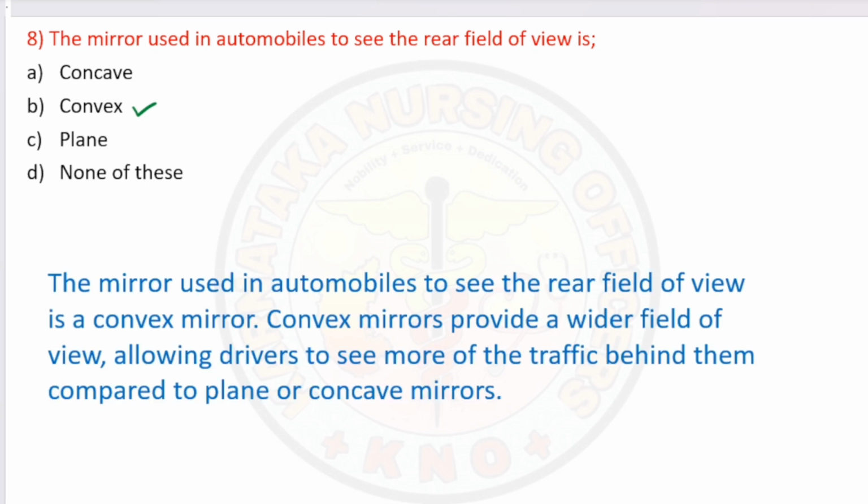Convex mirrors provide a wider field of view, allowing drivers to see more traffic behind them compared to plane or concave mirrors.